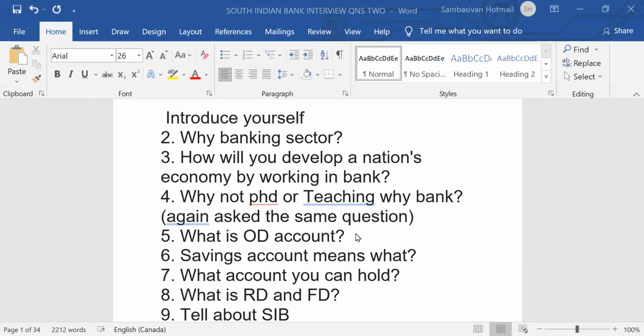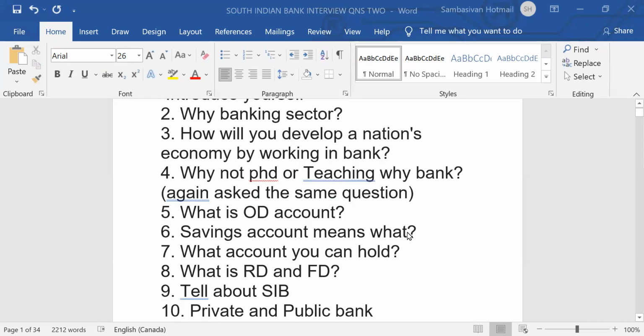The same system, if it is maintained against goods, is known as cash credit, wherein the customer is supposed to submit the stock statement based on which the limit will be allowed, and the other operations are the same as OD.